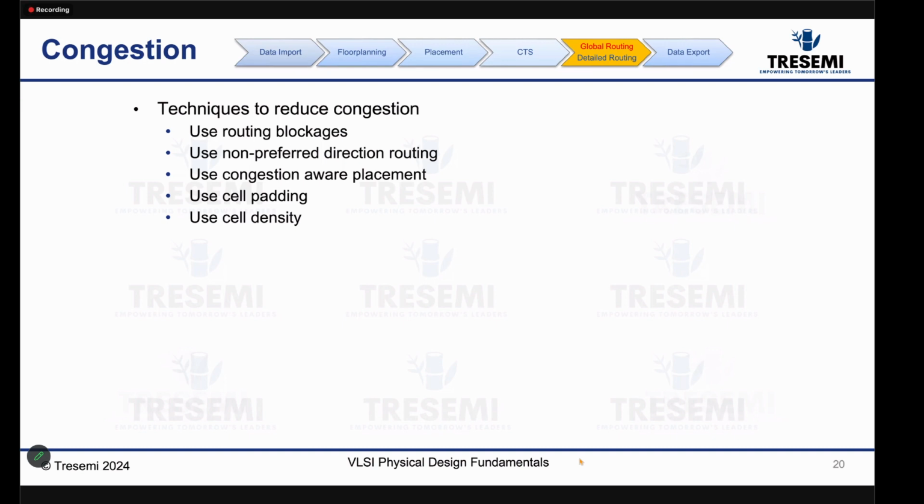Either increase the die size or lower your performance, right? So initially, let's say you create the die with a certain performance in mind, but then later on say, well, let's try to squeeze it, make it faster.